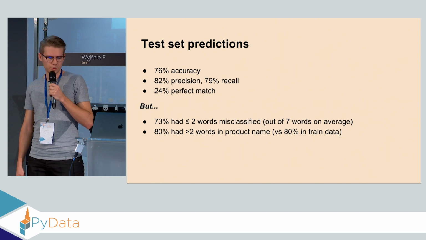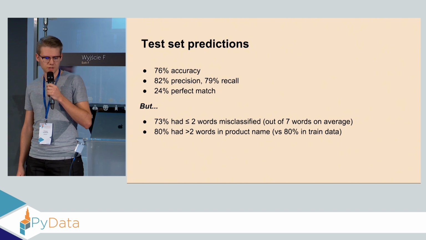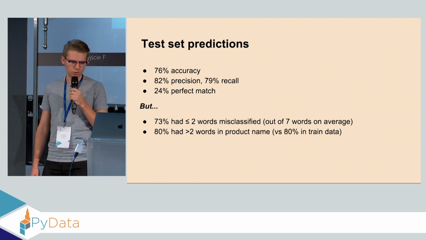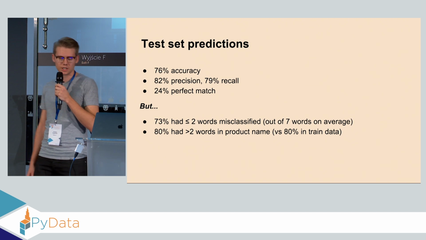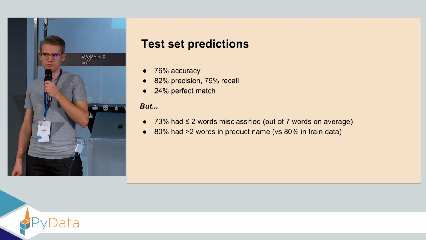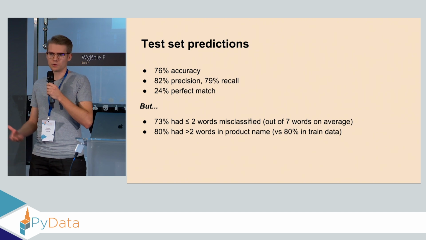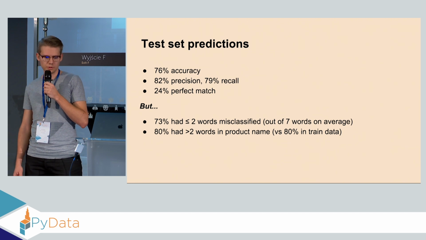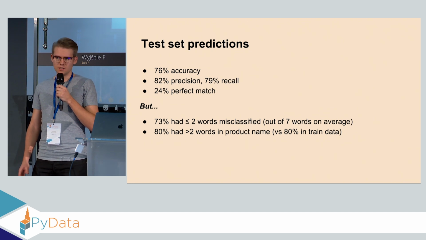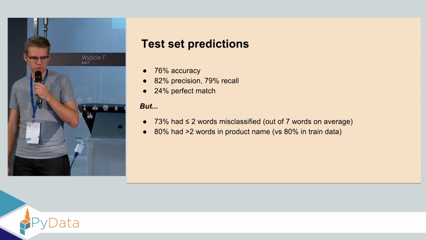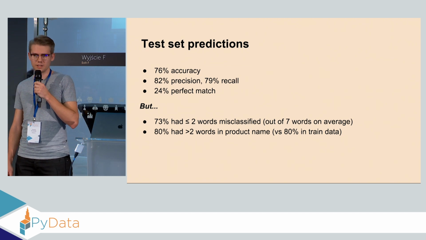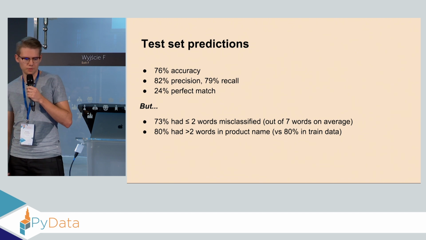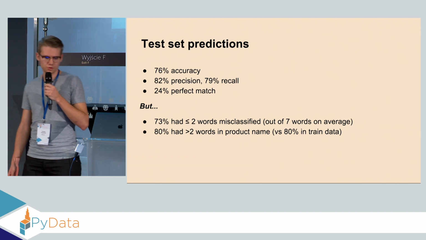Precision and recall were actually quite good, but what's important was that even though we got 24% perfect matches, so an offer was perfectly matched to a product, each word was classified properly, when we set the tolerance threshold to 1 or 2 words, we can get the coverage to 50% for one error per offer name, or in the case of 2 words, almost 3/4 were correct.